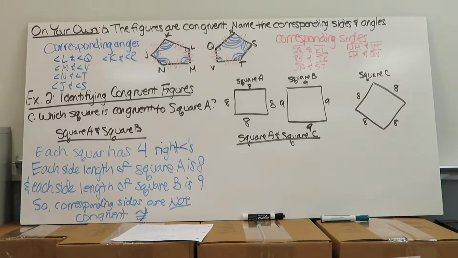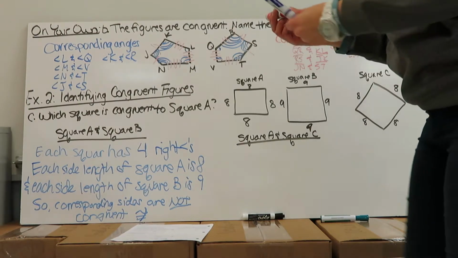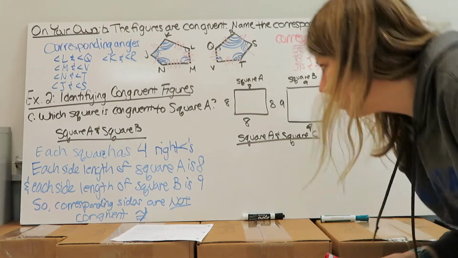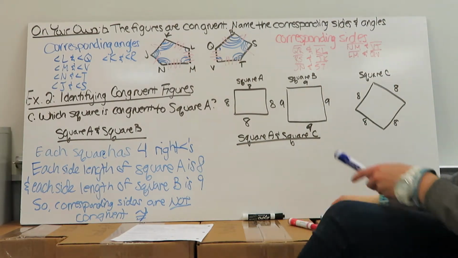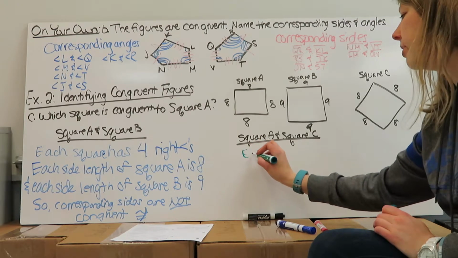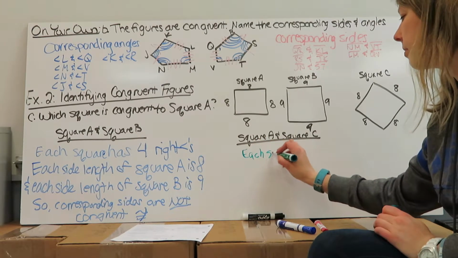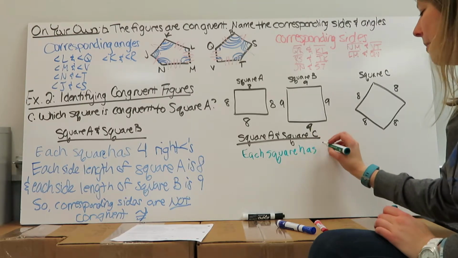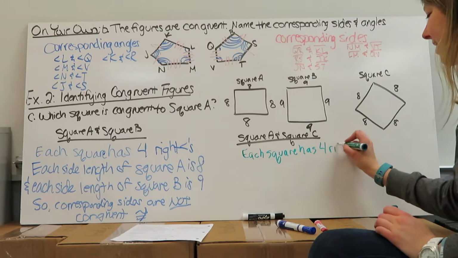All right, now we're going to compare square A and square C. And my apologies, got the E in square over there. So let's go with each square has 4 sides. I mean, not 4 sides, 4 right angles.